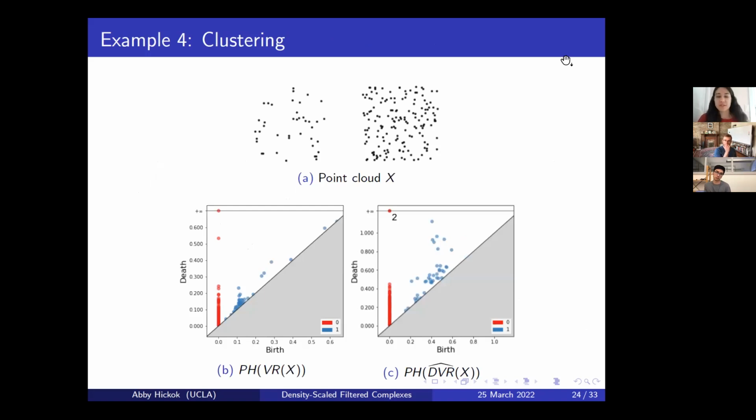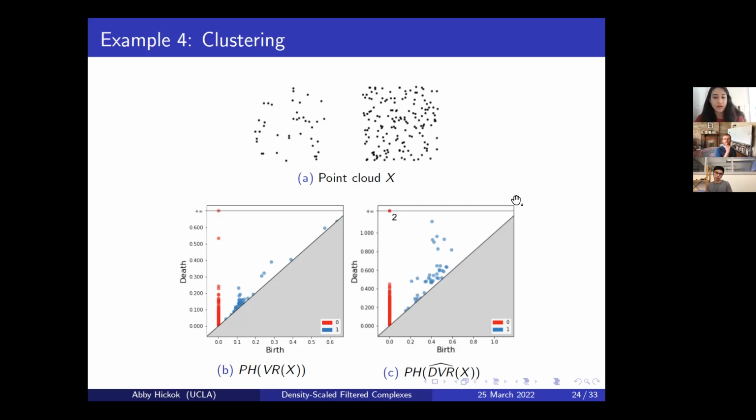Fourth example, this is an example to show that we can pick up on clusters when they have different densities. So here, this point cloud is sampled from 2 disjoint squares. On the right here, the density is 5 times as high as the density on the left. What we see in the Rips complex is that we do see these 2 0D homology classes corresponding to 2 clusters, but only one of them is infinite.